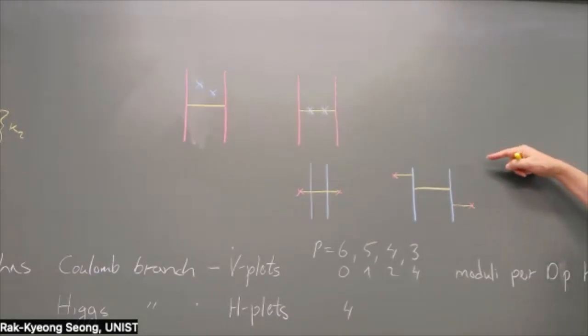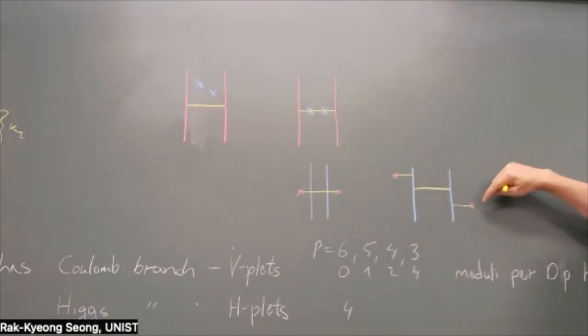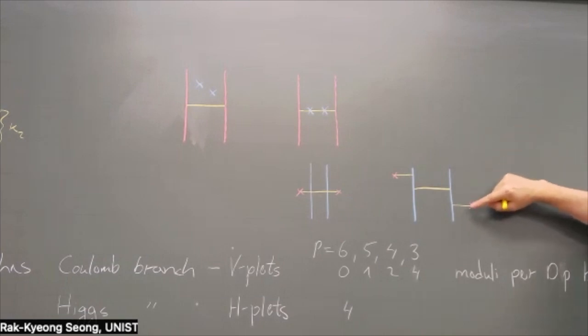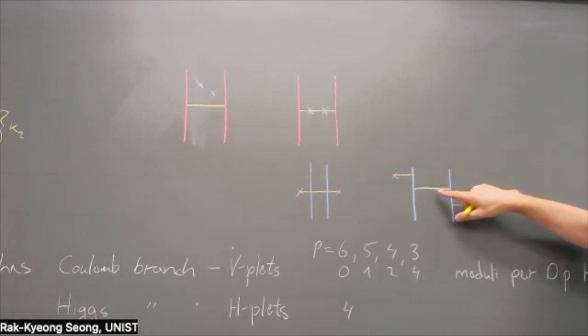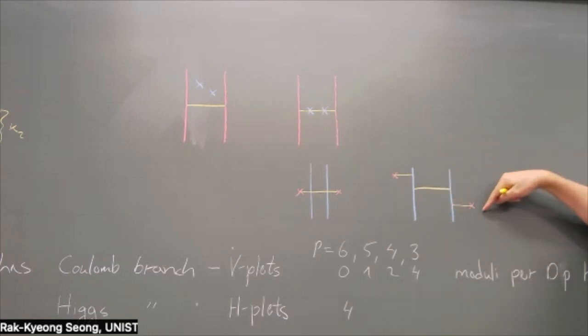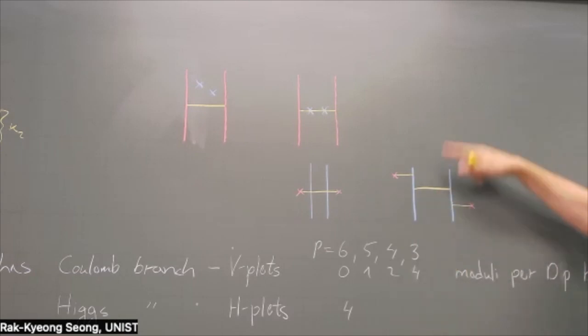One thing which is important to notice is that in order to move this segment, I must move the position of the red brane. I cannot do it without, otherwise I'll break supersymmetry. This one is free to move, irrespective of the positions of those two outside. It's free to move. This is a modulus.